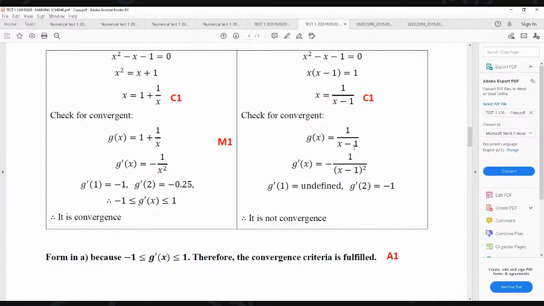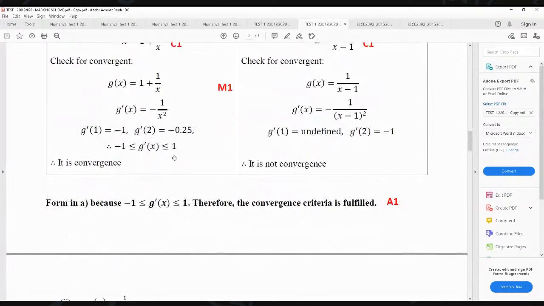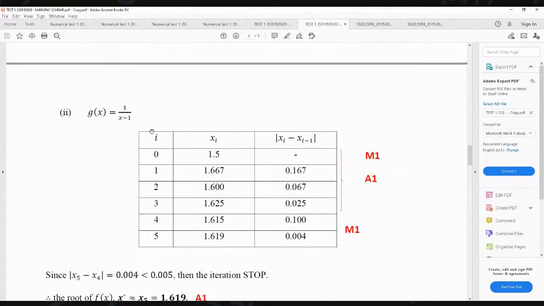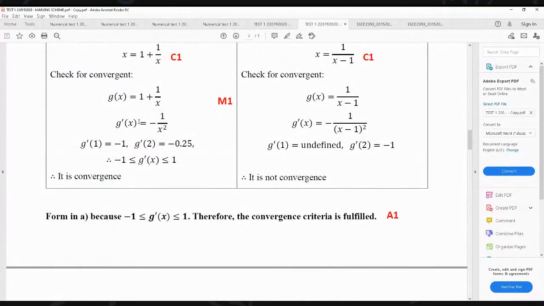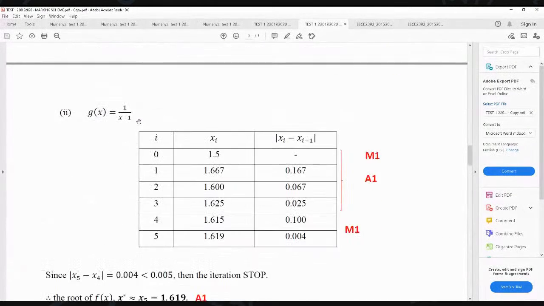However, for 1 over x minus 1, when you find the first derivative, it is x minus 1 power -1, -1 times x minus 1 power -2. When you put the value x equal to 1, g prime is infinity. So this is not convergent. So you choose the first one as your function to generate the fixed point iterative method, 1 plus 1 over x.